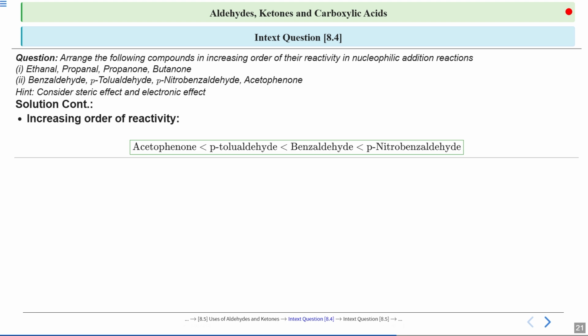The order is influenced by electronic effects of the substituents on the benzene ring, where we saw that the electron withdrawing group, like the nitro group, increases the reactivity and makes the carbon more electrophilic. So the incoming nucleophile will easily attack para-nitrobenzaldehyde. Is it clear how we have arranged the order?